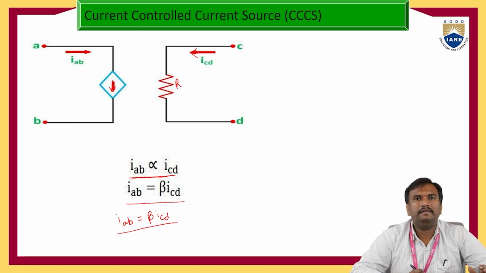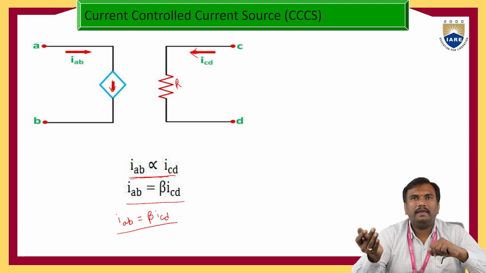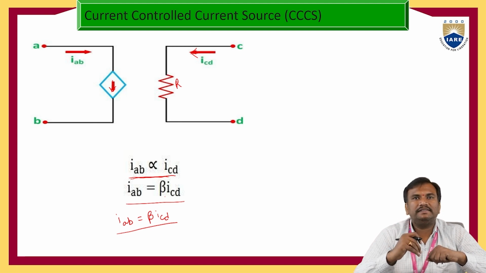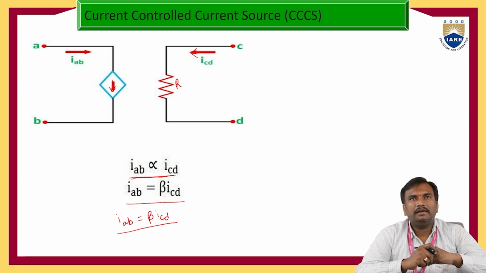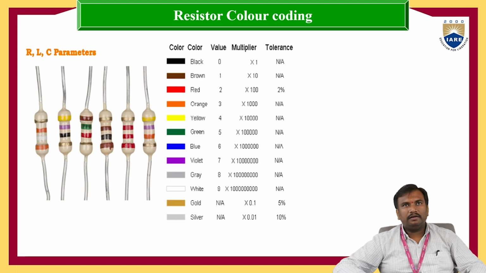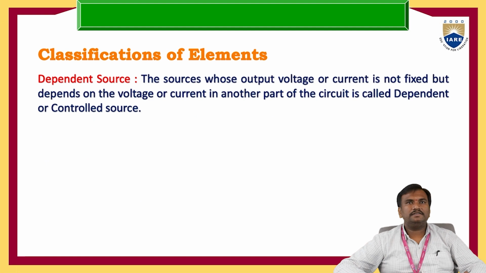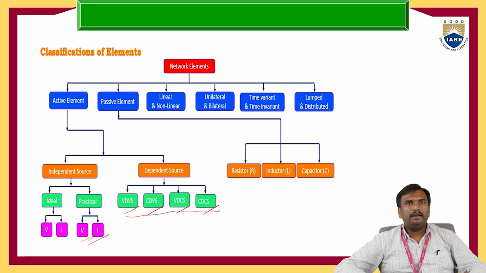That is, the magnitude of the current source is controlled by the current flowing through the resistance connected in the given circuit. That's why this source is called current controlled current source. This is about the dependent and independent sources. That is our first classification in the elements.